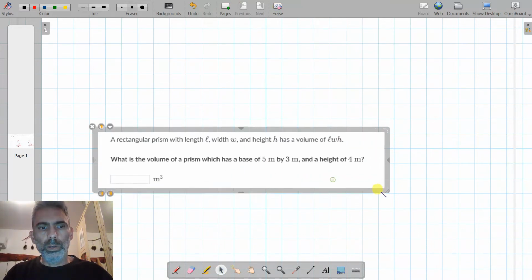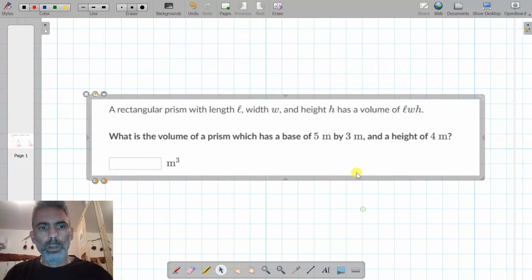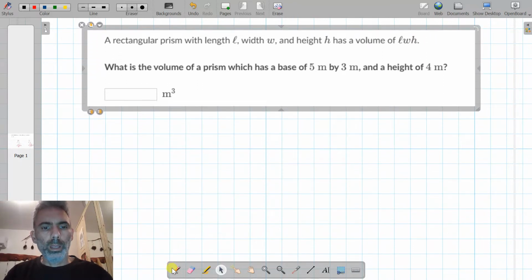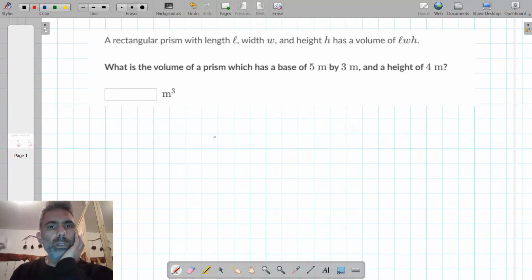A rectangular prism with length L, width W and height H has a volume of L times W times H. What is the volume of a prism which has a base of 5 meters by 3 meters and a height of 4 meters?